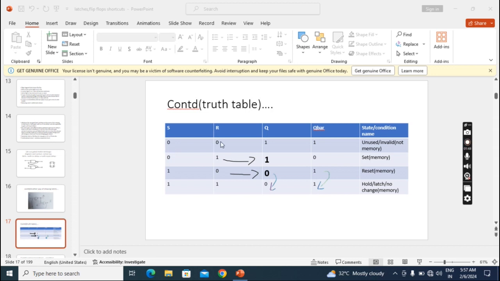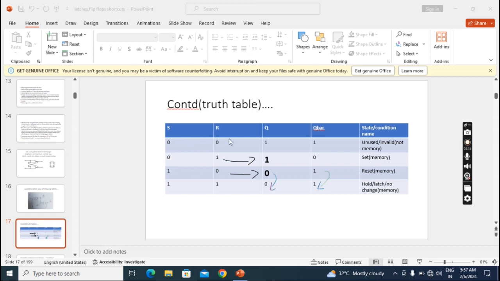So if I apply 0 0, I will change this R value, so that the combination is 0 1. Then if I change to another combination 1 0, the circuit becomes reset. So the point is, here we cannot apply 1 1, but we can apply any of the other three combinations.